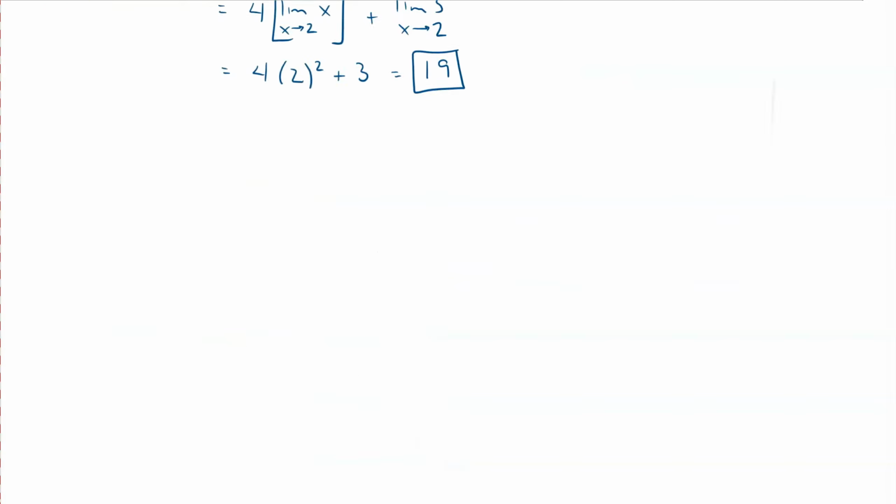Try this problem. Using the idea that limits can separate at addition, subtraction, multiplication, and division, and that constants and exponents can be pulled out of the limit, I end up with this.